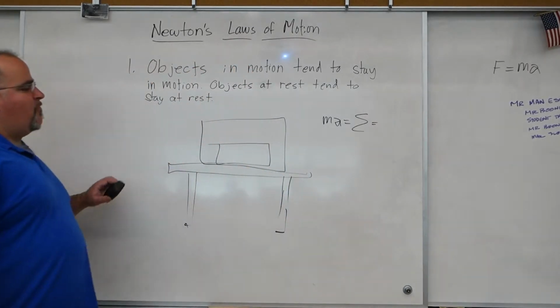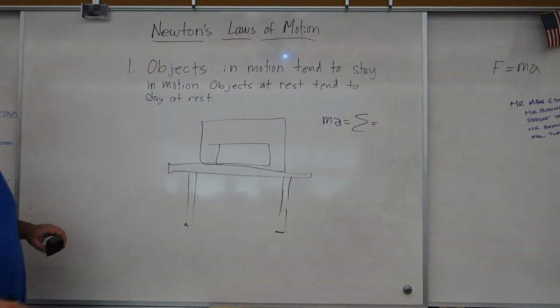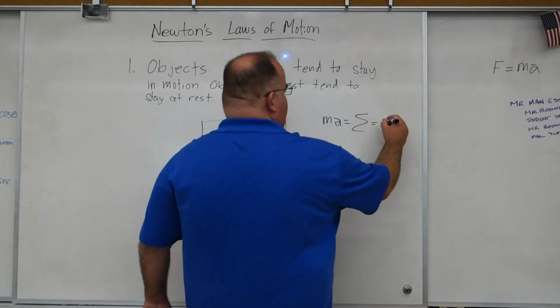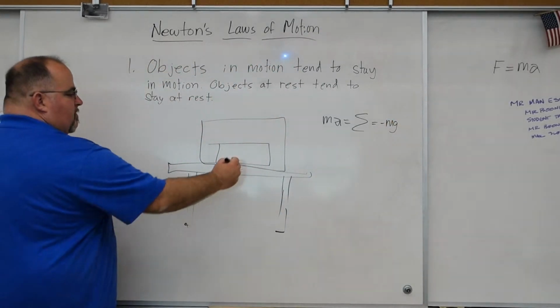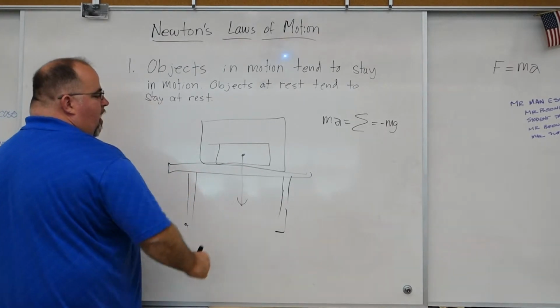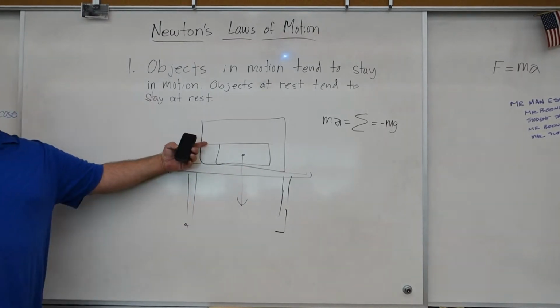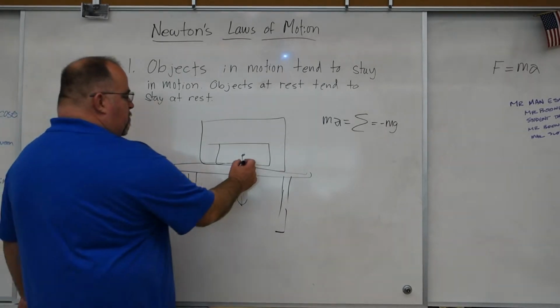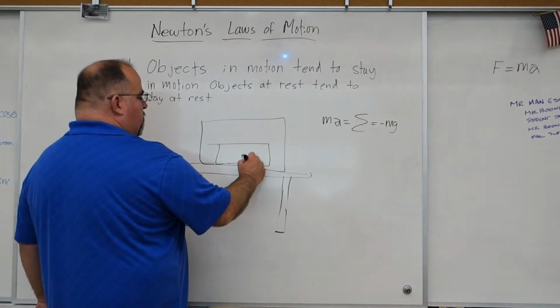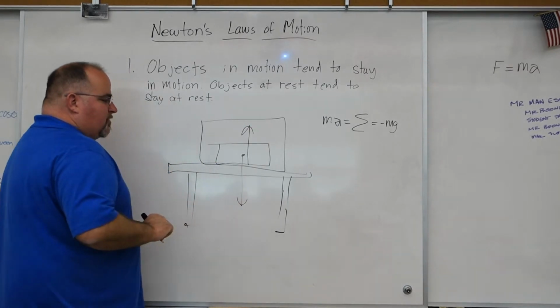What's the first force you can think of? Gravity. So force of gravity is negative mg, because it's pulling downwards. Now, according to Newton's third law, if this book is not accelerating, what must there be? Yeah, the table is pushing back up on the book and causing a normal force.